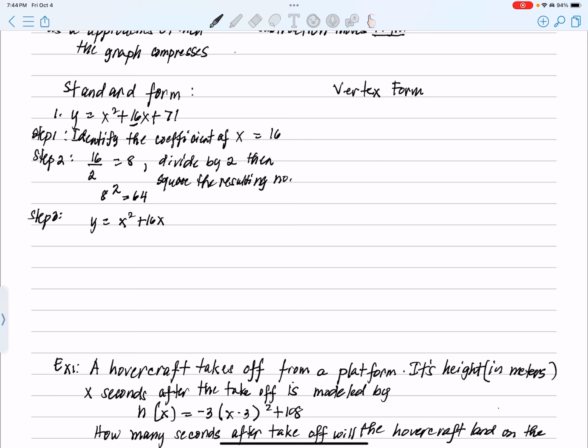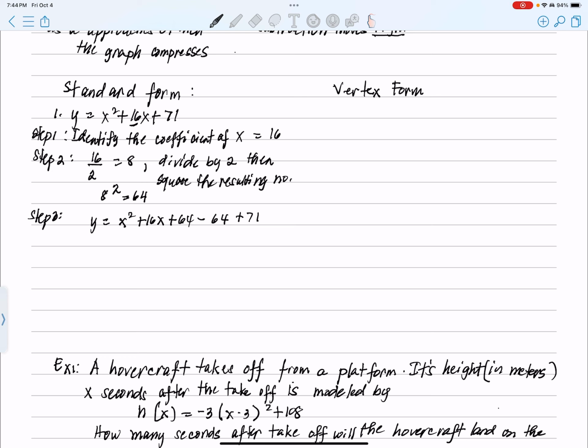So in the x expression, we're going to add 64 and subtract 64. Then plus 71. So that is step 3.